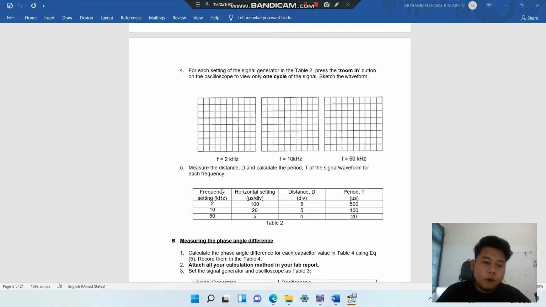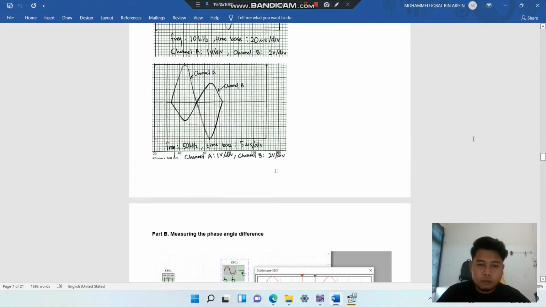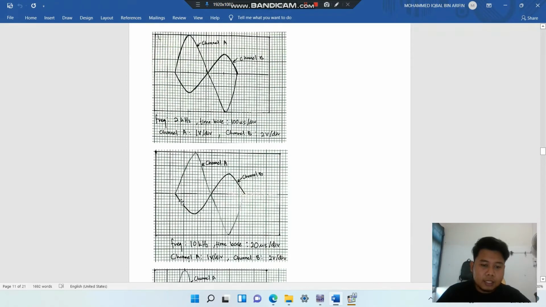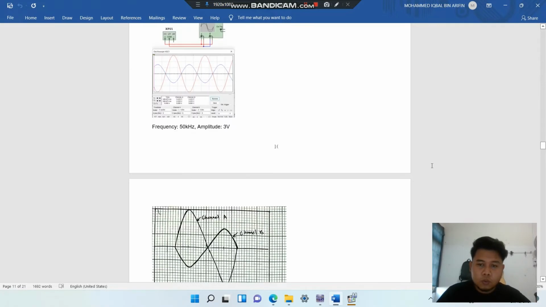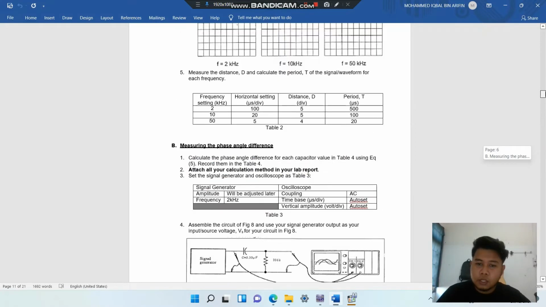Okay. For the 10 kilohertz, the horizontal setting is 20. The distance is 5, as you can see here. Let me show you the graph. Look at this. This is the graph for 10 kilohertz, and this is the graph for 50 kilohertz.